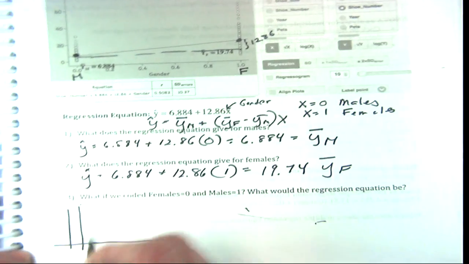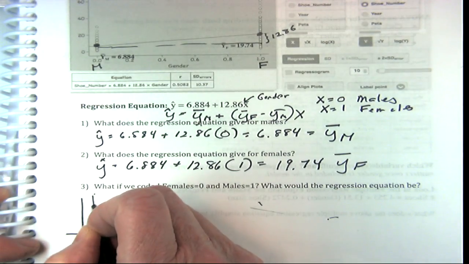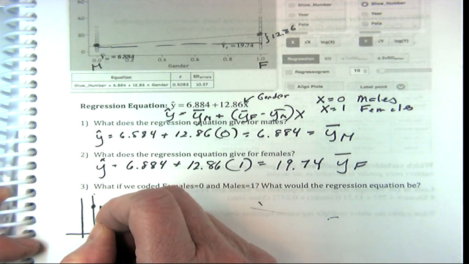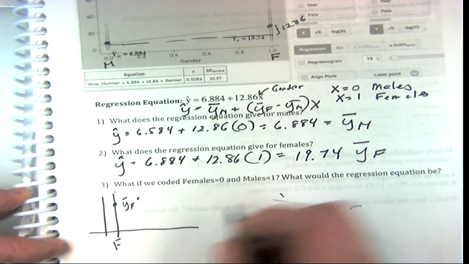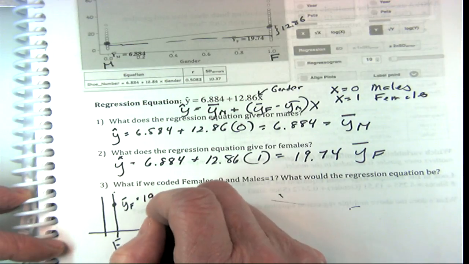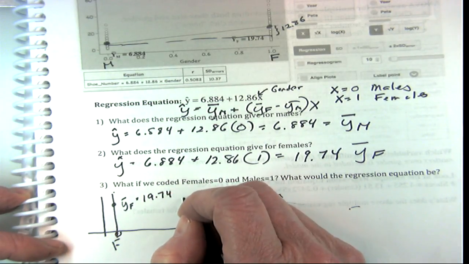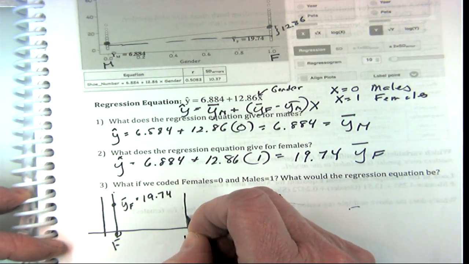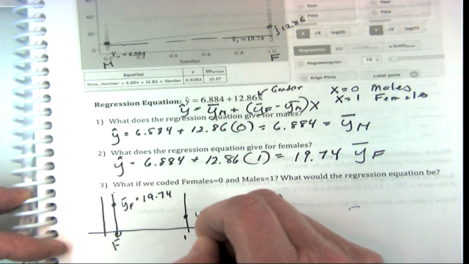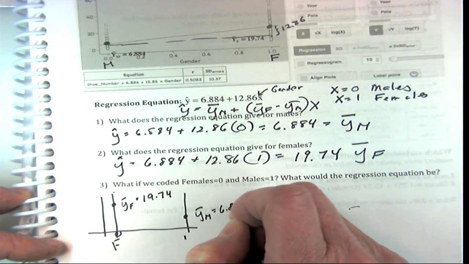So we'd just get a picture that looked like, so here we had males and females. Okay, so now we have females equals 0. So we'd have their average up here, which would be y bar for females, which is 19.74. That's at 0. And then we'd go over to 1. And we'd have y bar for males, which is equal to 6.884.